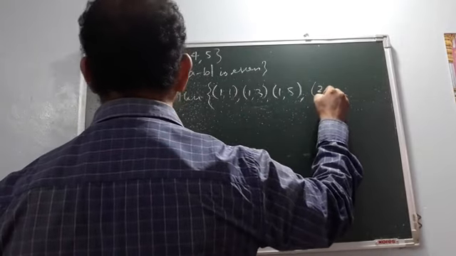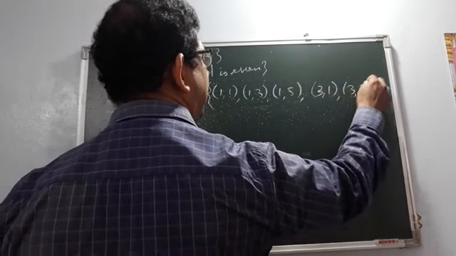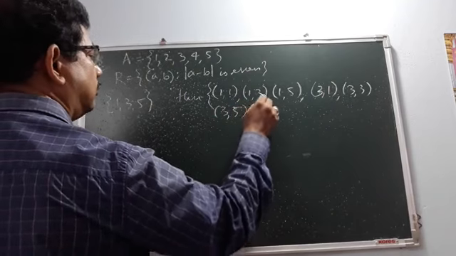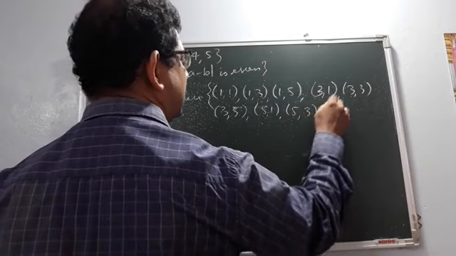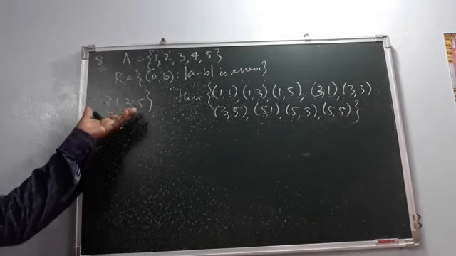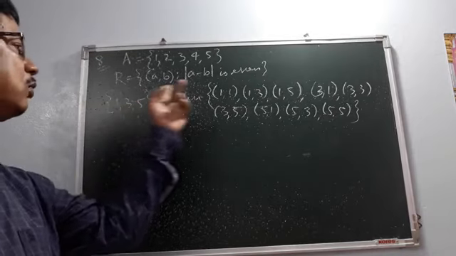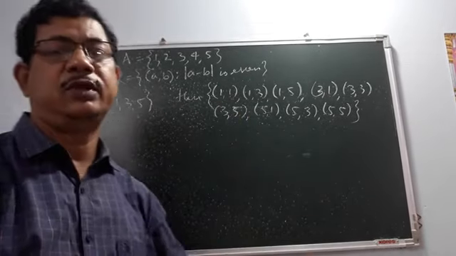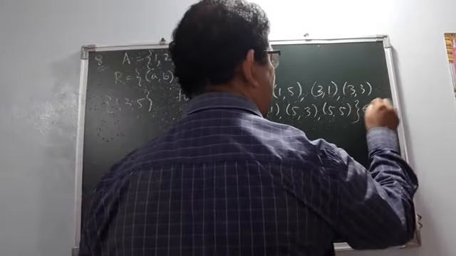Similarly (3, 1), (3, 3), (3, 5), (5, 1), (5, 3), (5, 5). What is this? Cartesian product of this set with this one. So automatically এটা হবে (1, 1), (1, 3), (1, 5), (3, 1), (3, 3), (3, 5), (5, 1), (5, 3), (5, 5). Student, you minutely watch that these belong to R.